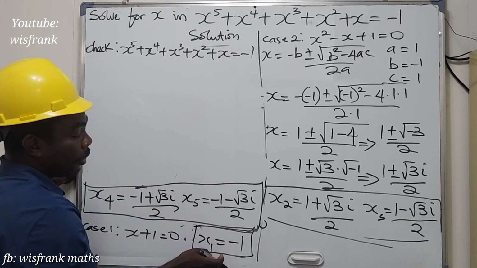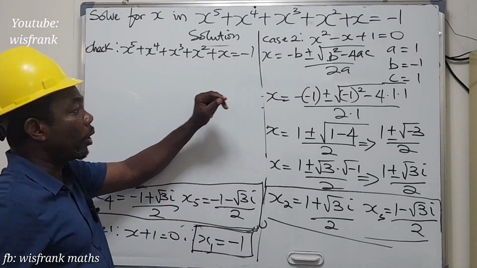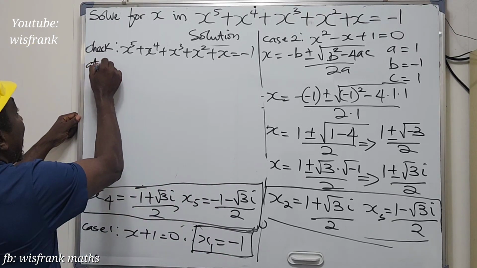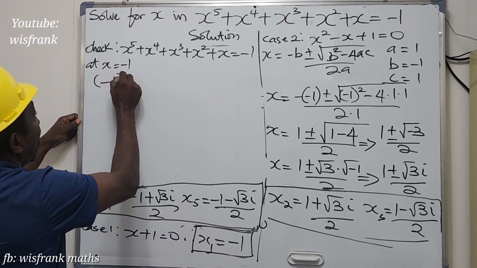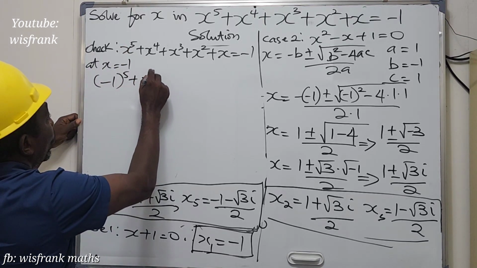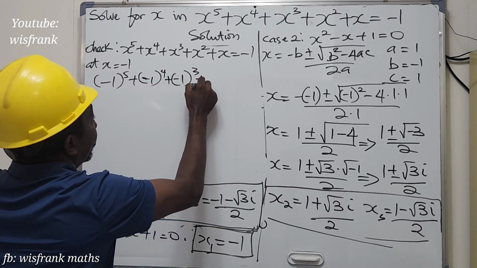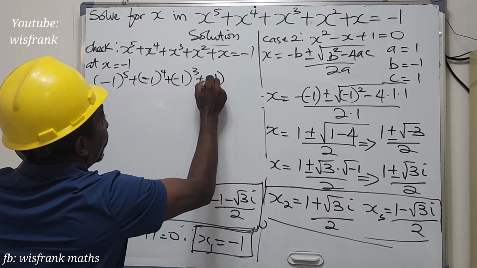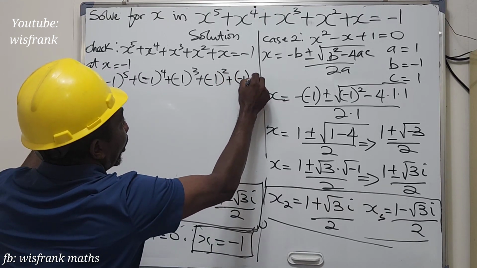Substituting x as minus 1 on the left hand side, we have minus 1 all to the power of 5 plus minus 1 all to the power of 4 plus minus 1 all to the power of 3 plus minus 1 all to the power of 2 plus minus 1 equals what?